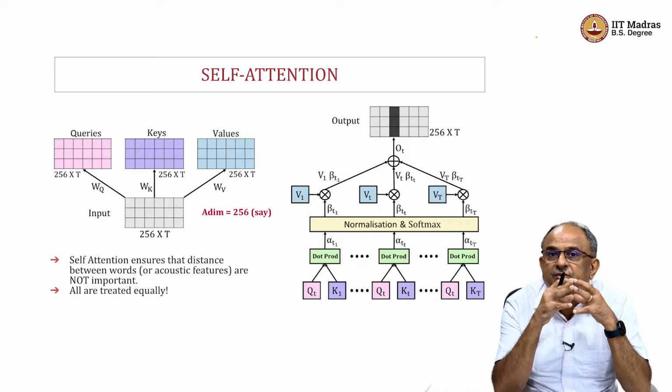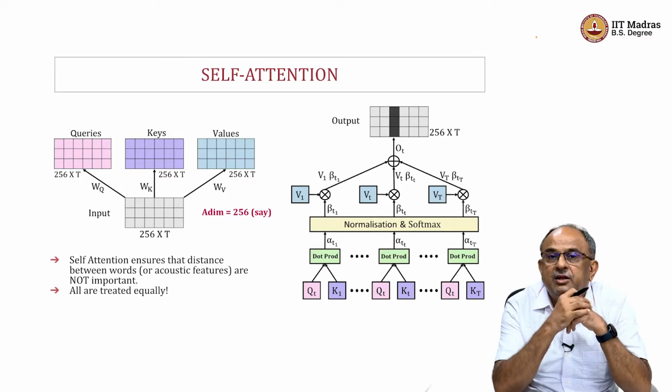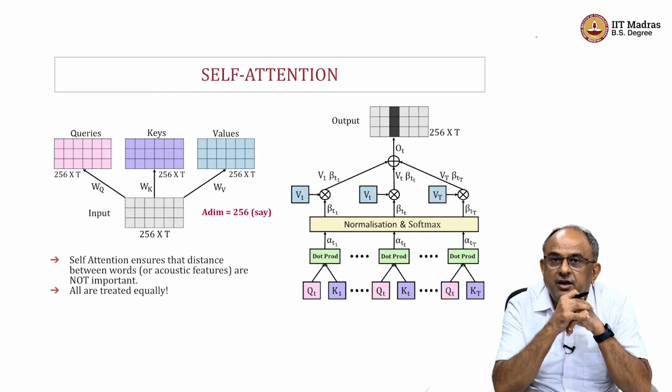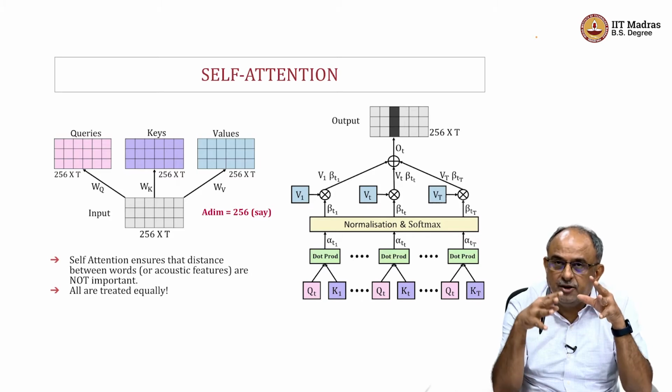Now, instead of depending on a recurrent neural network as a feedback that is coming from the output of the hidden layer, the objective is slightly changed in the transformer.